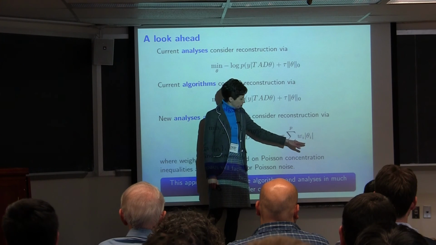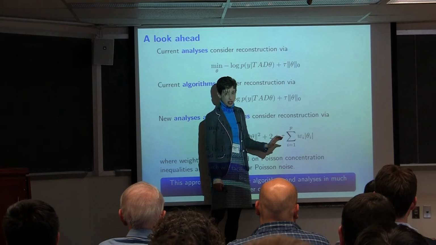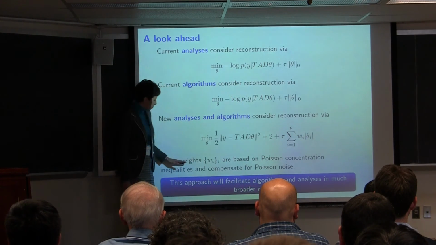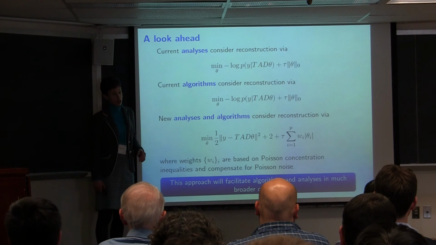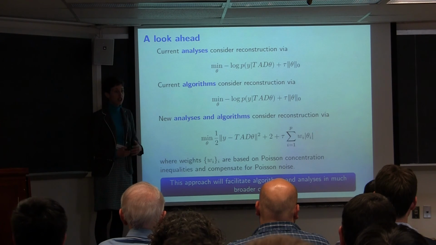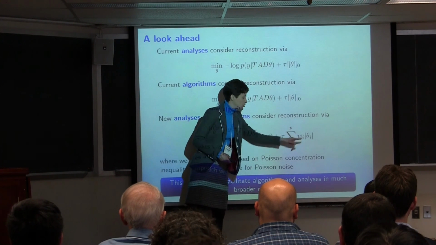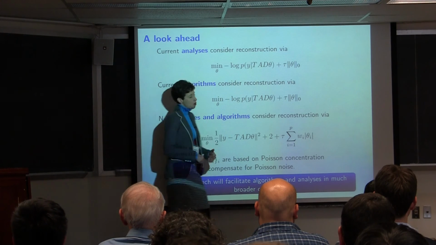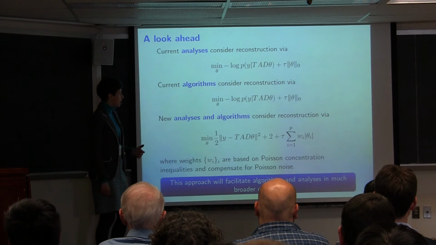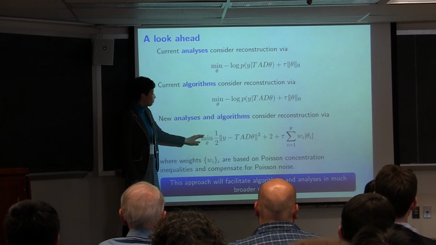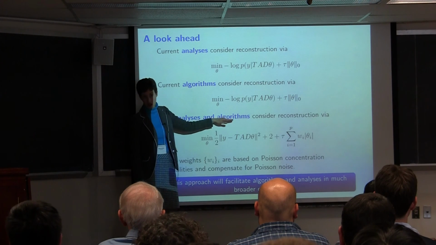And we choose these weights very carefully, based on Poisson concentration inequalities, so that instead of taking all of the Poisson noise into account through the log likelihood, we take it into account by setting up these weights. And that's going to allow us to have a single framework where we can do both analyses and practical algorithms.